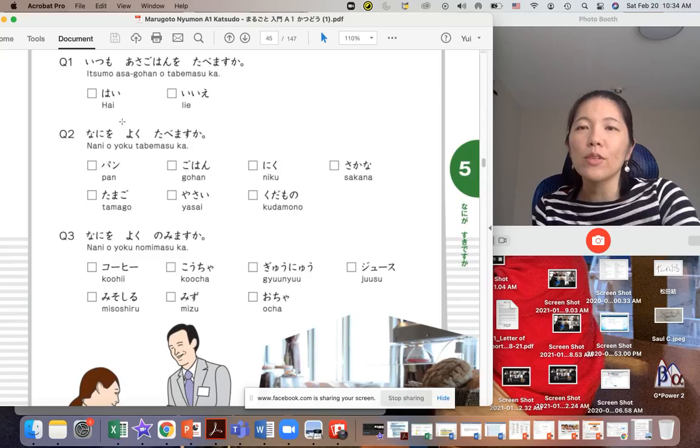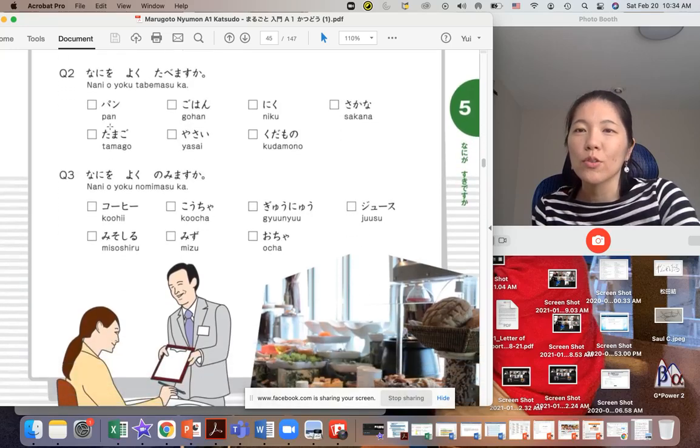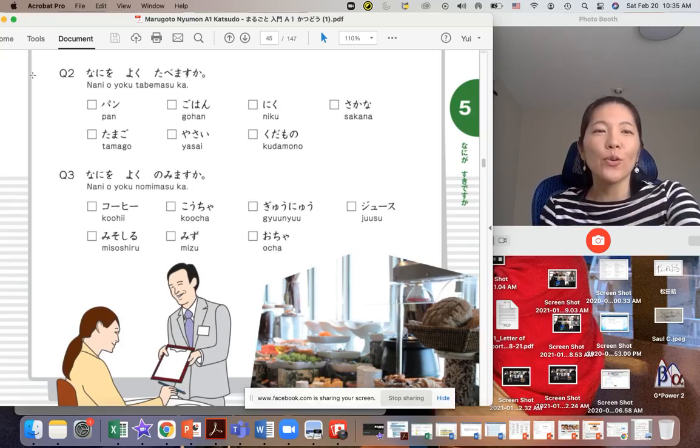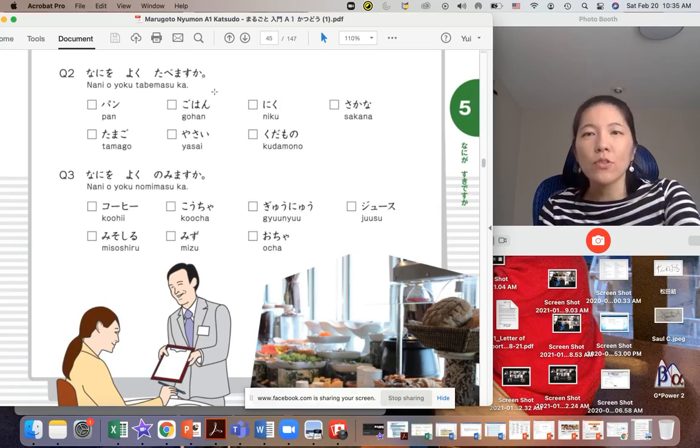If you do eat breakfast, then you go forward with saying 何をよく食べますか. 何 is what, よく is often, 食べます to eat, and then the question か. What do you often eat?